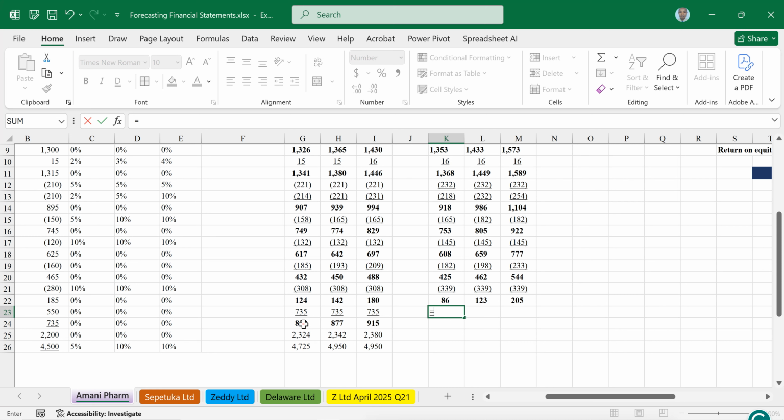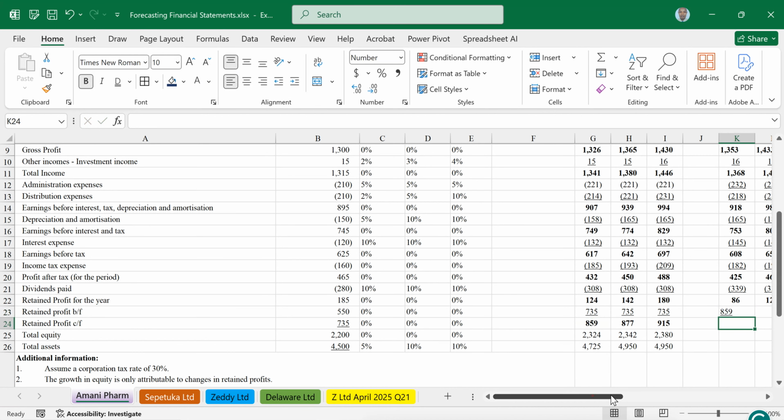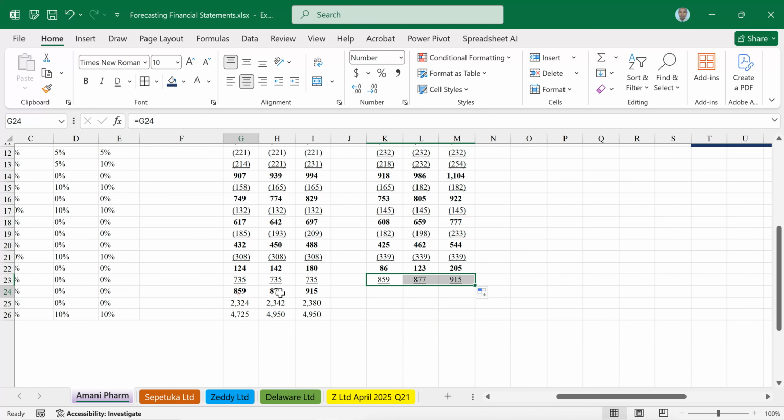You can see that was the carried forward. Enter. Don't lock, just pick it, then drag across. These were the carried forwards the other time. They become the brought forwards here.